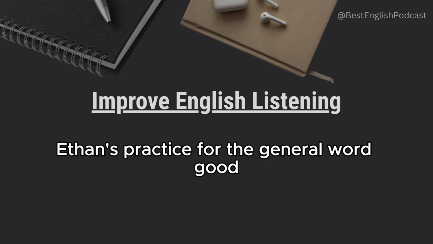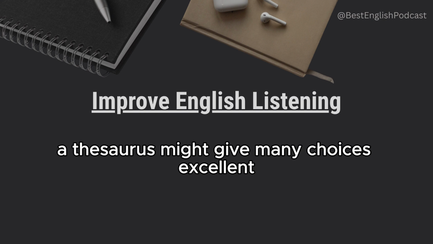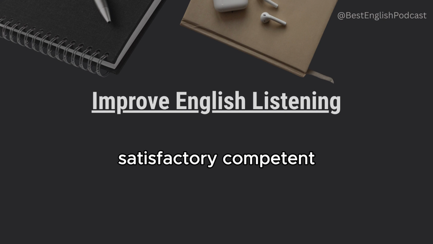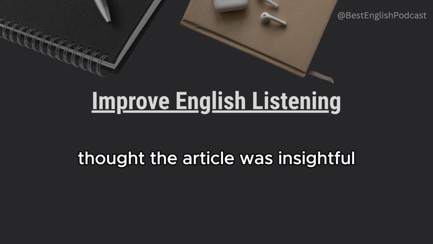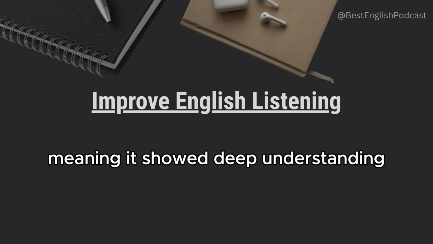Ethan's practice. For the general word good, a thesaurus might give many choices: excellent, satisfactory, competent, virtuous, adept, proficient, skillful. Ethan would then mentally choose the best fit for his exact thought. The article was insightful, meaning it showed deep understanding.